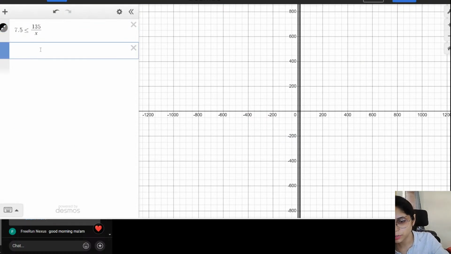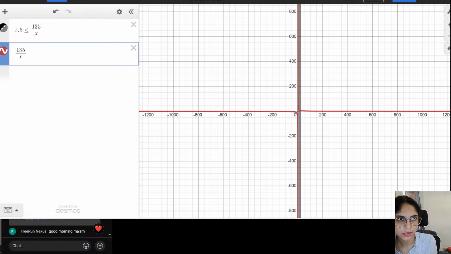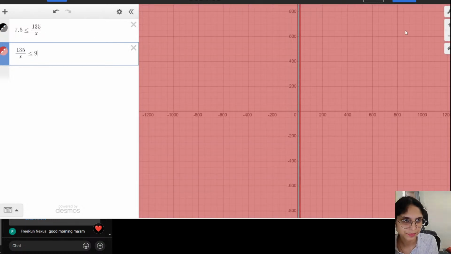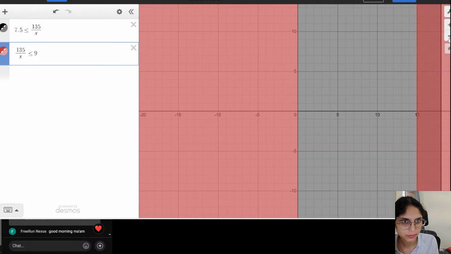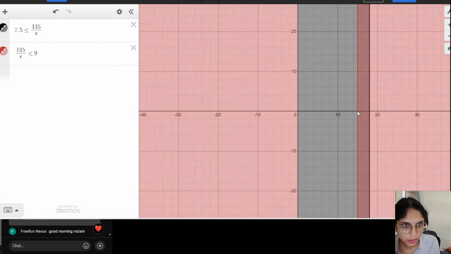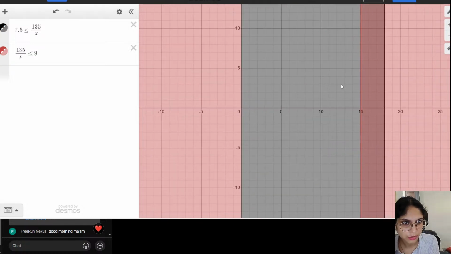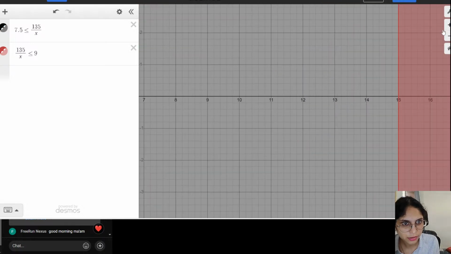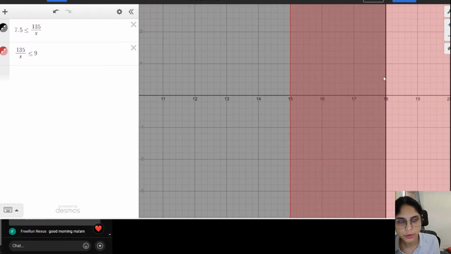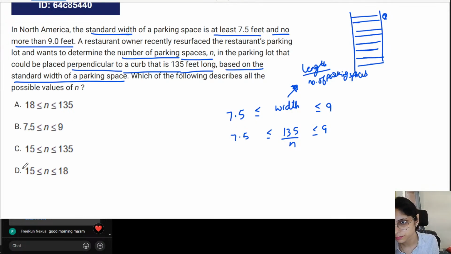I keep forgetting about that. 135 over x, less than or equal to 9. So these are the values. So it's starting at 15 and it's between 15 to 18. Option D.